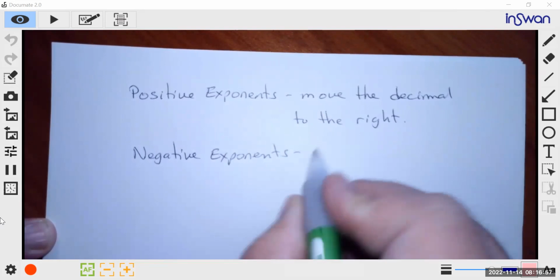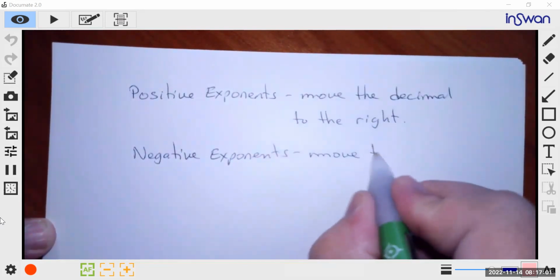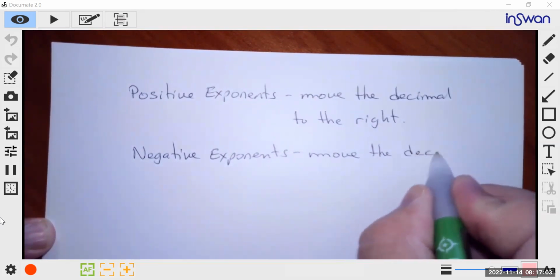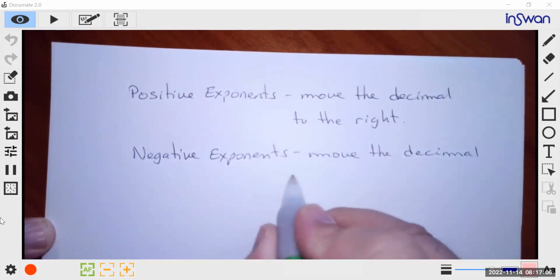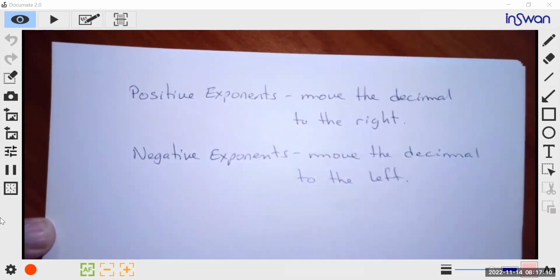Negative exponents move the decimal to the left.